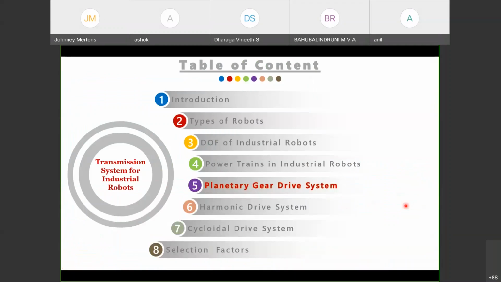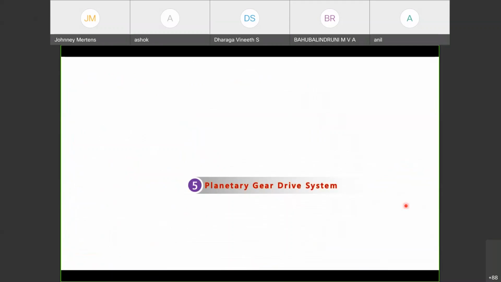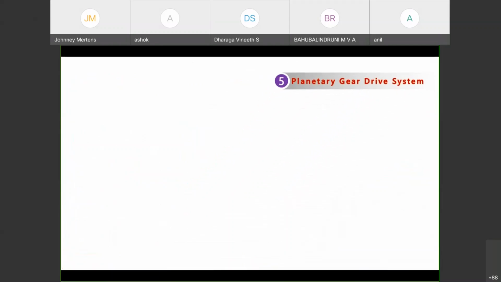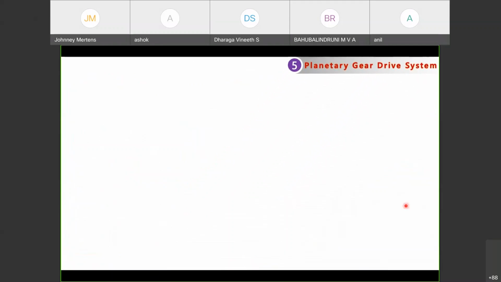Now, fifth is the planetary gear drive system. Why are we going for the planetary gear arrangement? A high gear ratio cannot be obtained by a conventional gear arrangement. In such cases, we go for the planetary gear system or epicyclic gear train system. A high gear ratio is possible, and it will be compact.